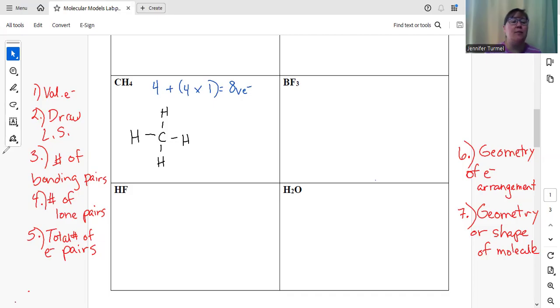It was that simple. Okay, so now we have number 3, which is our number of bonding pairs. That's going to be 4 bonding pairs on the carbon. And number 4 is going to give us 0 lone pairs. And so number 5 is 4 total pairs.